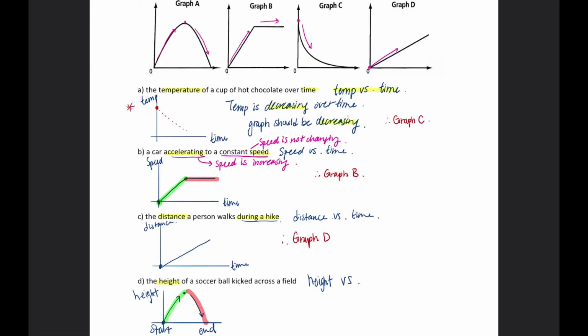And we know that this situation must be in terms of time. So we have a height versus time graph. So graph A would be a graph that represents the situation.